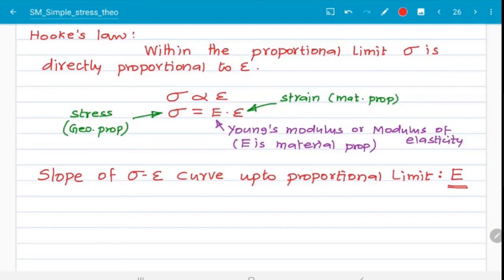Then already you discussed related to Hooke's law. One more piece of information we already discussed: Young's modulus, bulk modulus, shear modulus, Poisson's ratio, strain energy, Hooke's law. The strain depends upon the modulus of elasticity or Young's modulus. That is why strain is called a material property.